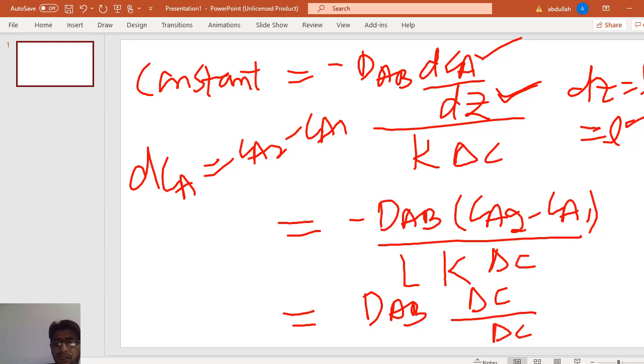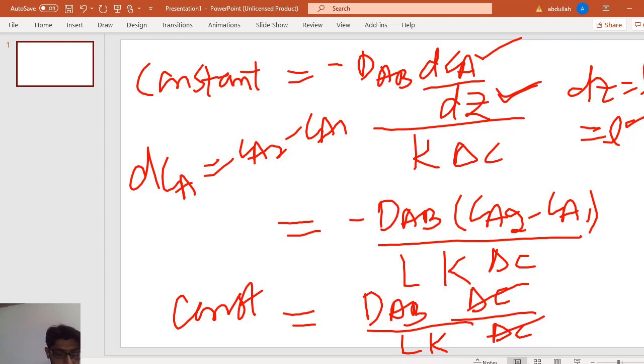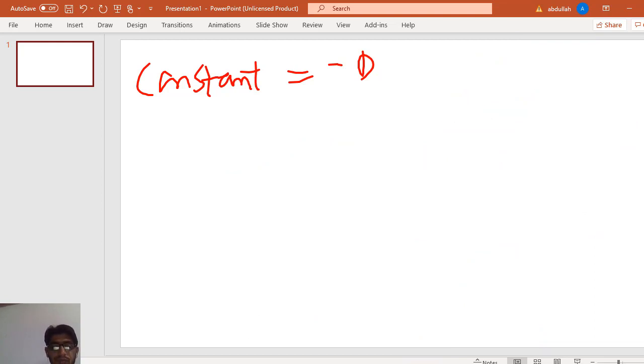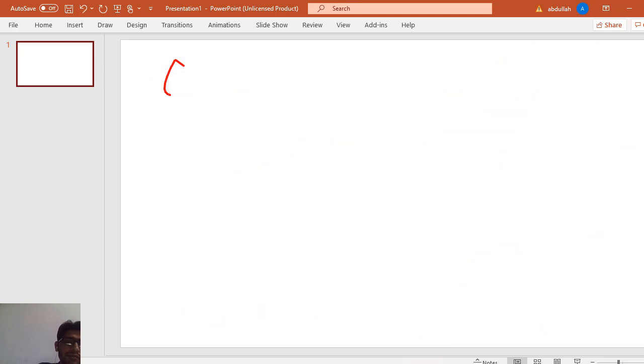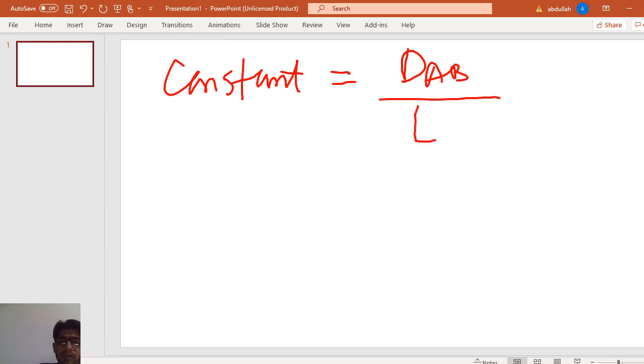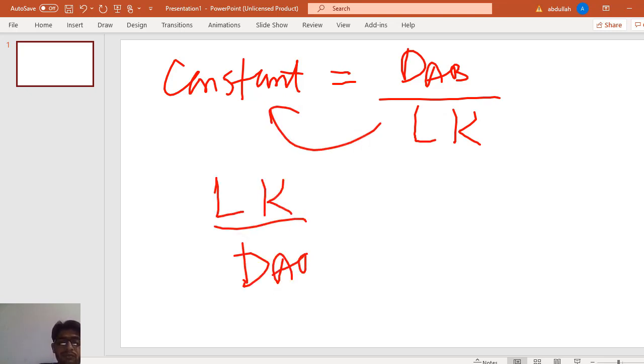So this will cancel with this and it will be L into K, and this is the constant. So constant is equal to DAB divided by LK, or we can also rearrange this relation as LK divided by DAB is equal to 1 over constant.